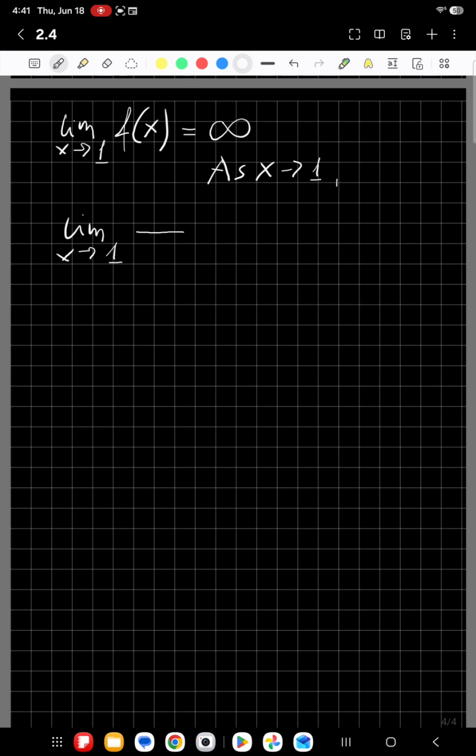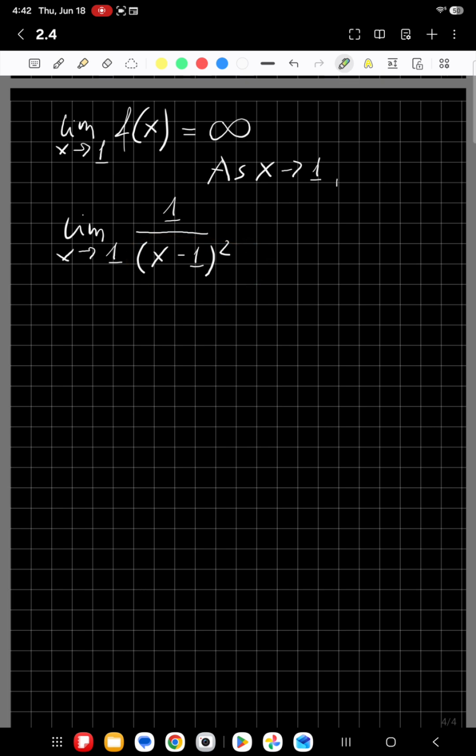All right, so I have that function, 1 over x minus 1 squared. As x is approaching 1, let's just think about that expression, x minus 1 squared.